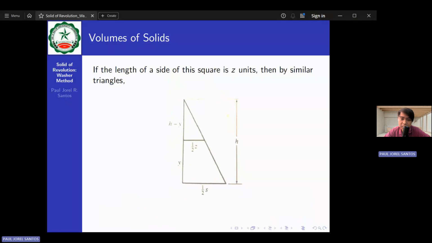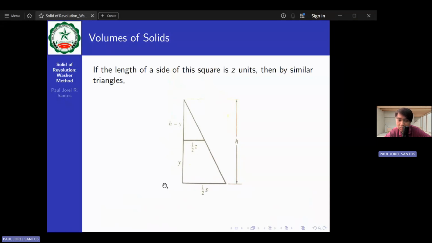Then by similar triangles, we can arrive at this figure. Now if you're going to ask me, sir, why is it one half z? Because we just consider the half of the pyramid. Since we consider only half of the pyramid, the whole thing is z, and its half should be one half z.